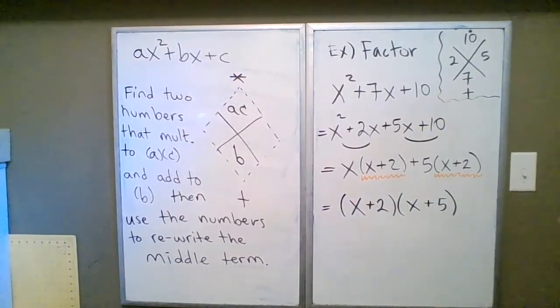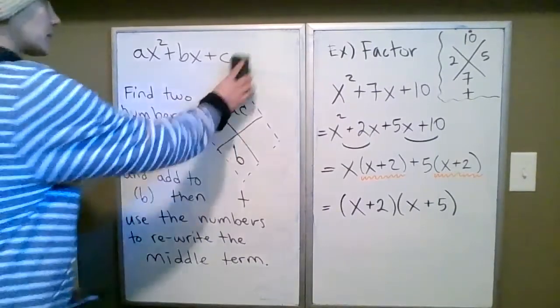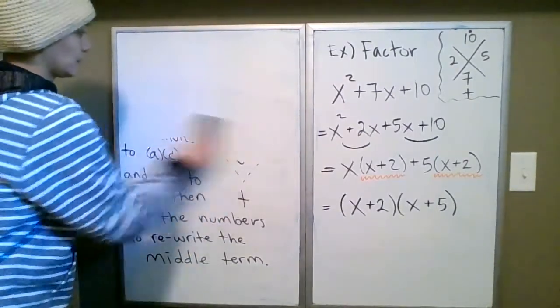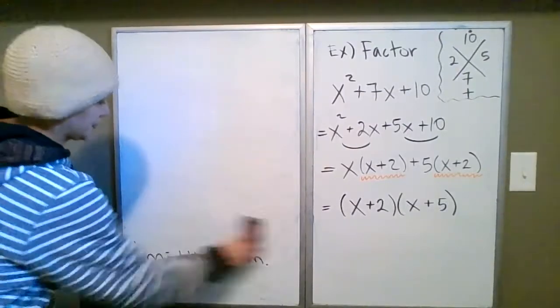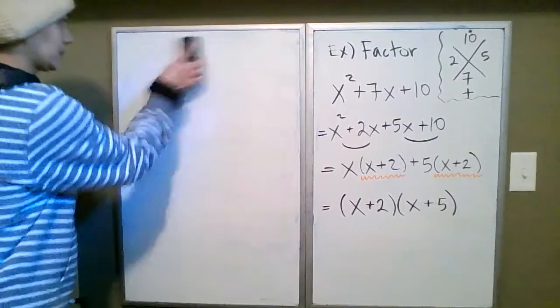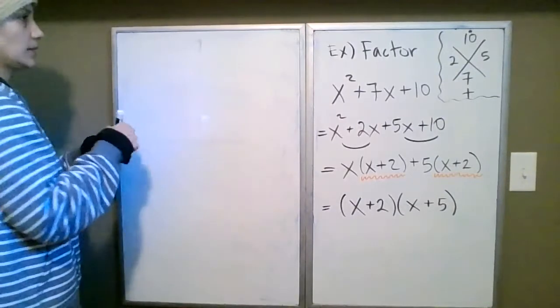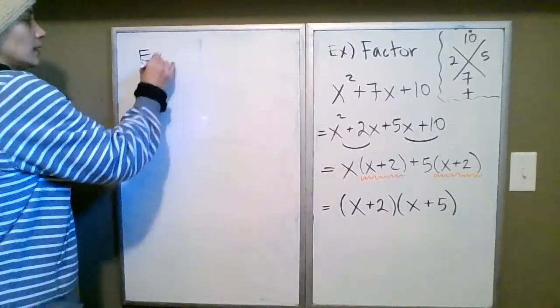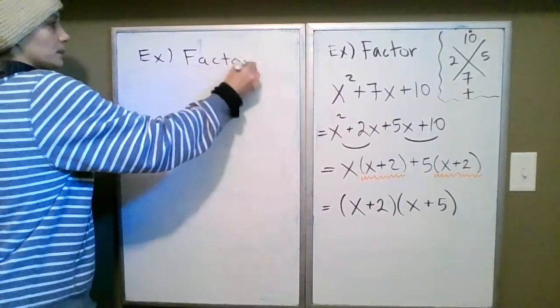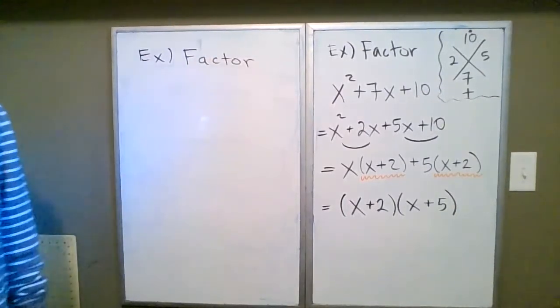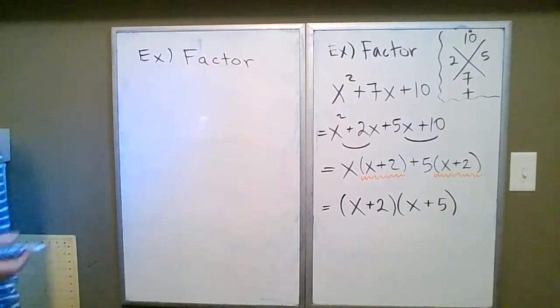I'm going to do another one using this diamond. Factor 2x squared minus 5x minus 3.